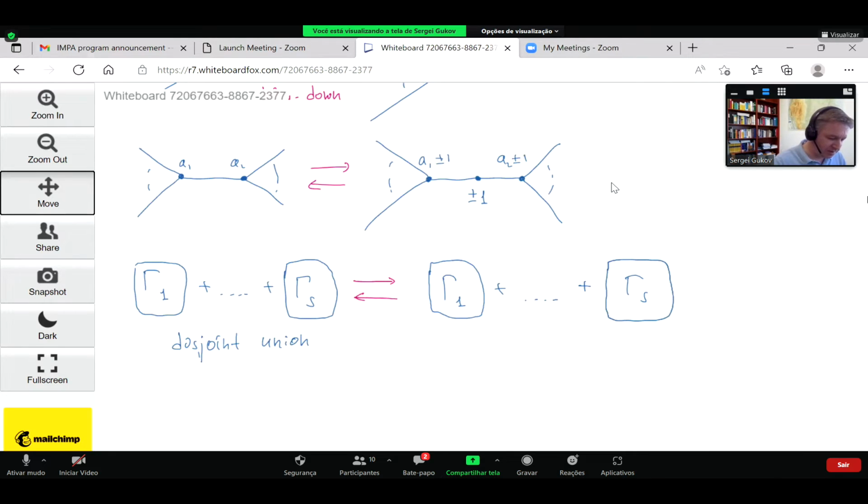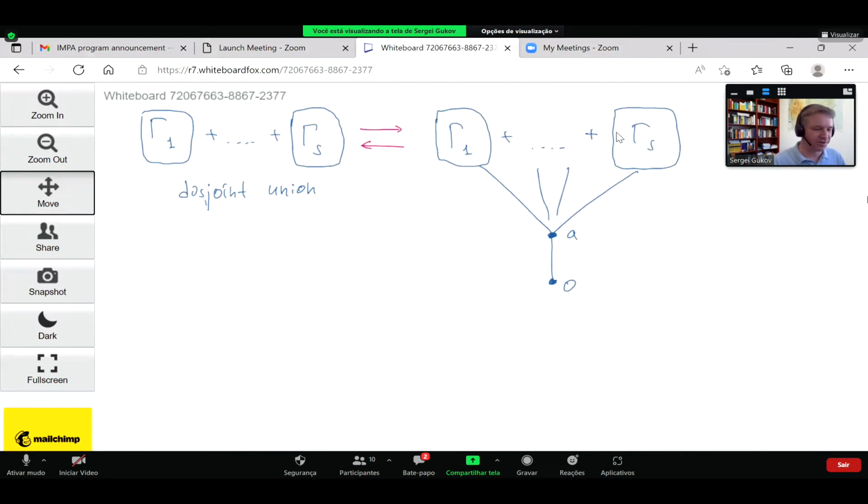But they'll get connected to a new vertex, which may be labeled by any a as long as the next one is labeled by 0. So this is an example where all of them get connected. This illustrates that 0 is also a special value, just like plus minus 1 was special in the blow-up relations.